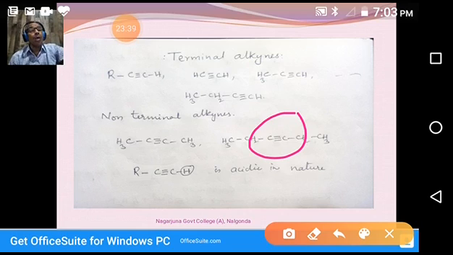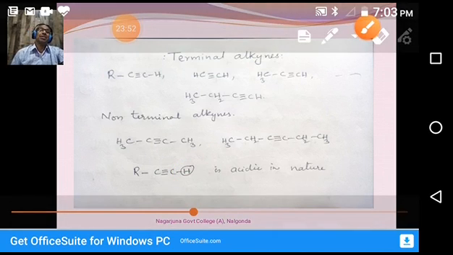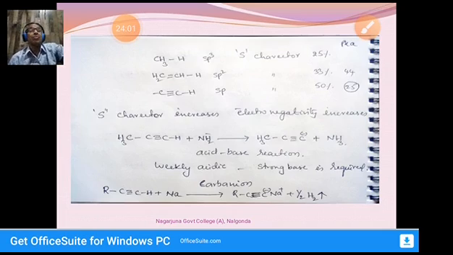Already we have discussed that hydrogen linked to a triple bonded carbon shows some acidity, weakly acidic in nature. We'll discuss why.